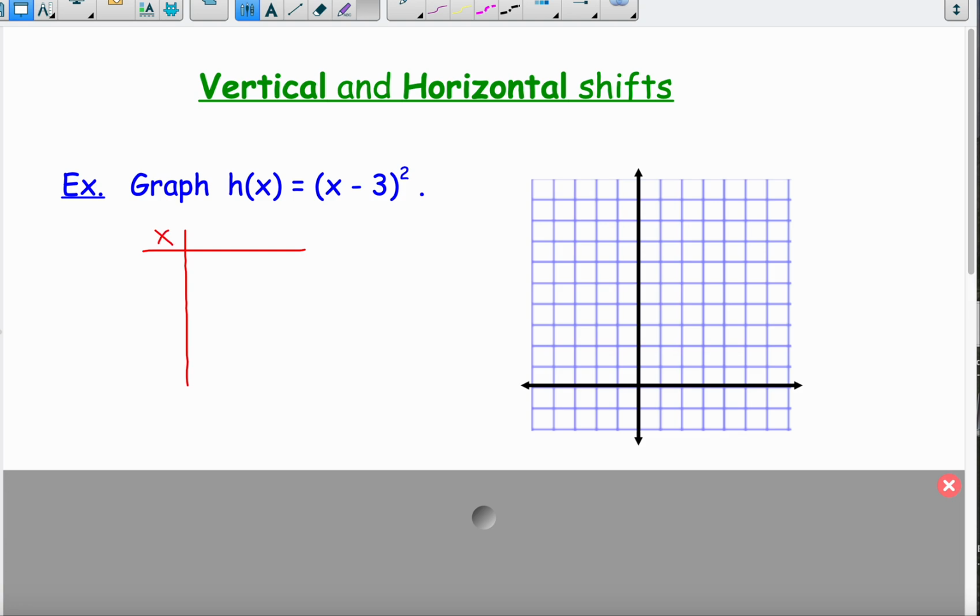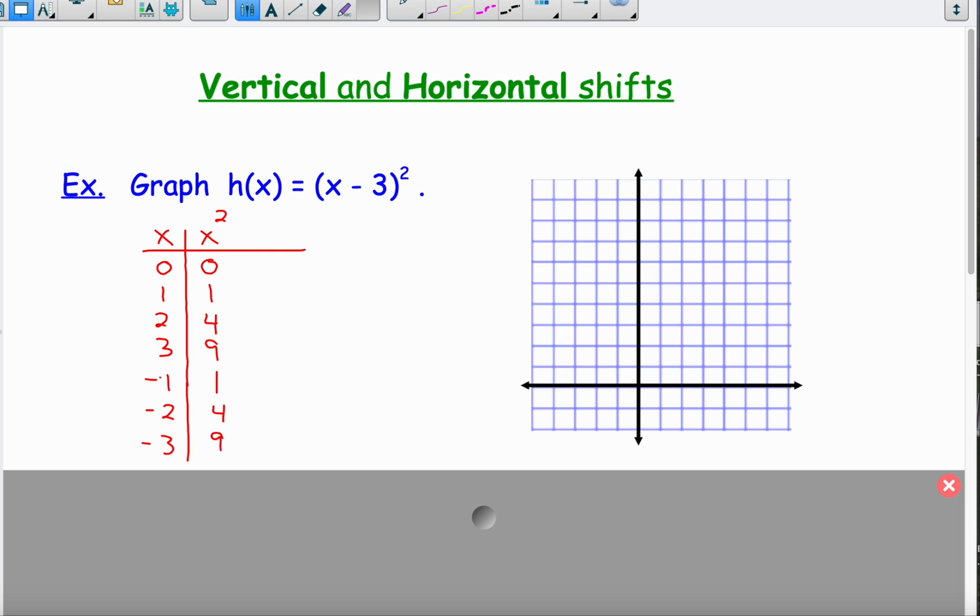So I have x and I have the parabola y equals x squared. And I'll just pick some values. 0, when I square 1 I get 1, 2 squared is 4, 3 squared is 9, etc. Throw in some negative values as well. Negative 1 squared is 1, negative 2 squared is 4, negative 3 squared is 9.